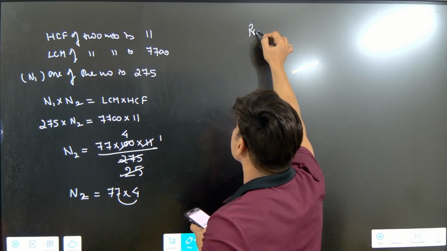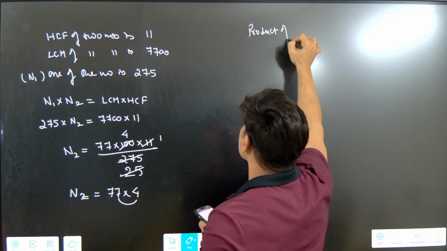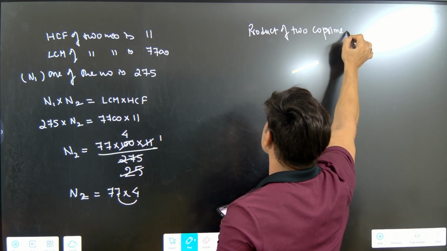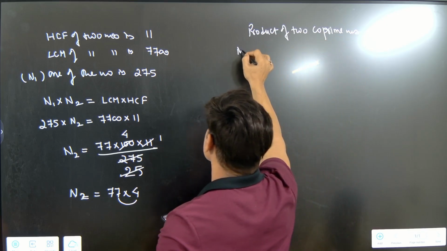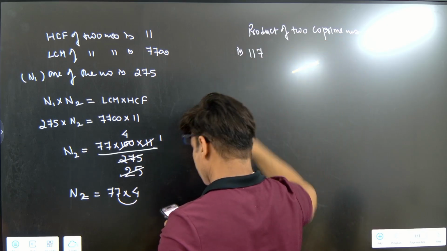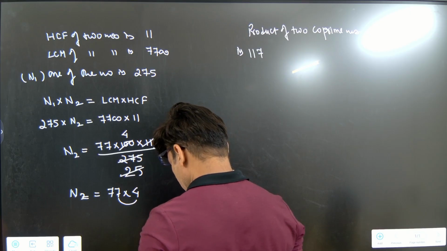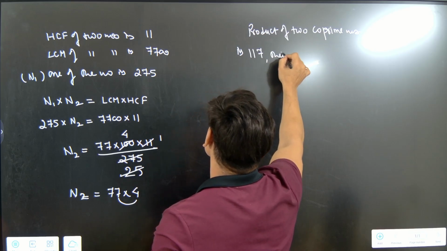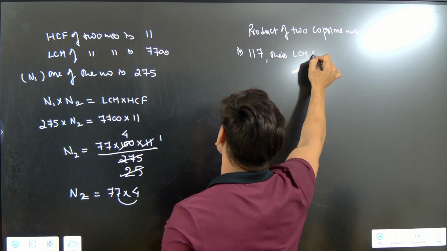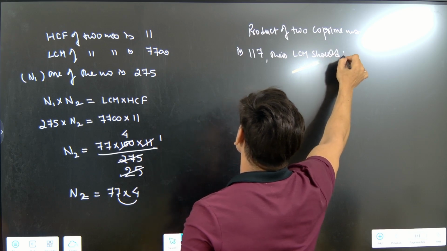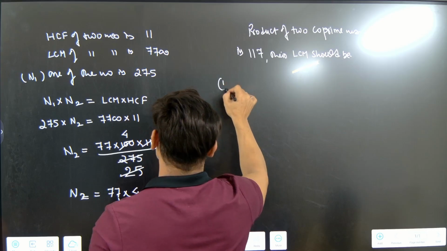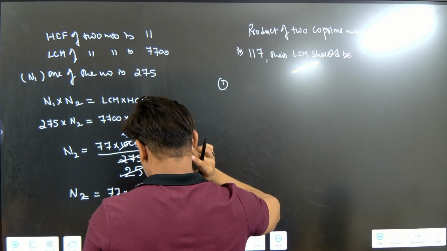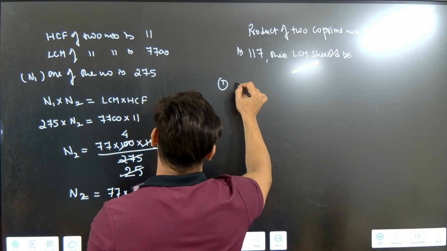If the product of two co-prime numbers is 117. There are two co-prime numbers and the product is 117. How much should be the LCM? First option we have 1.